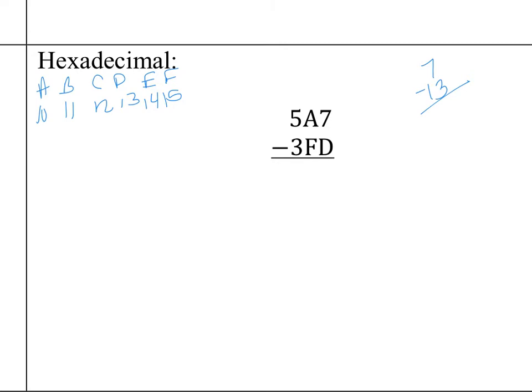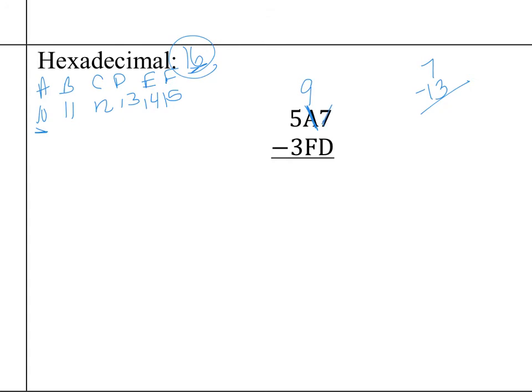But when we borrow from hexadecimal, we're borrowing 16. So we take 1 away from A. When we take 1 away from A, we go to 9. It goes from 10 to 9. When we borrow 1 and give it to 7, we're actually borrowing 16. So 7 is no longer 7.